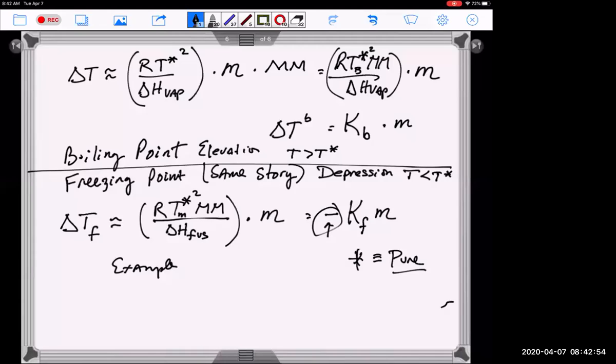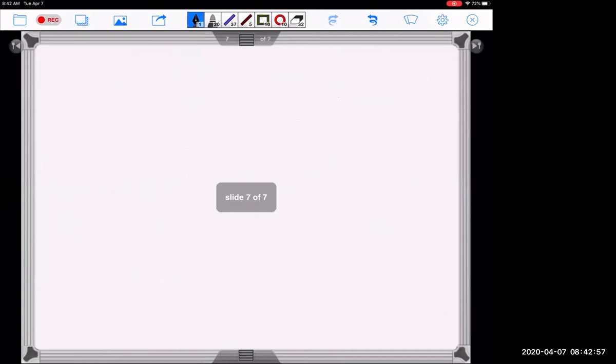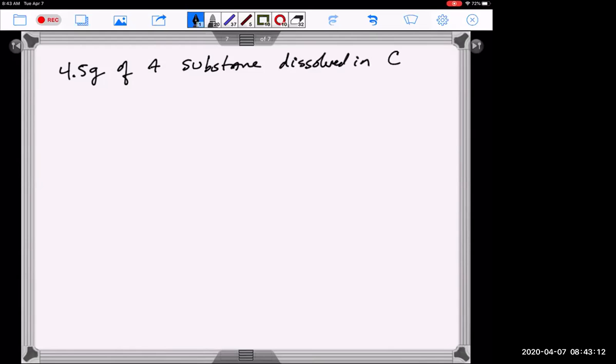So let's look at the problem. The problem is 4.5 grams of a substance dissolved in 125 grams of CCl4. So when we say P star, we're saying that this is the vapor pressure of pure carbon tetrachloride.